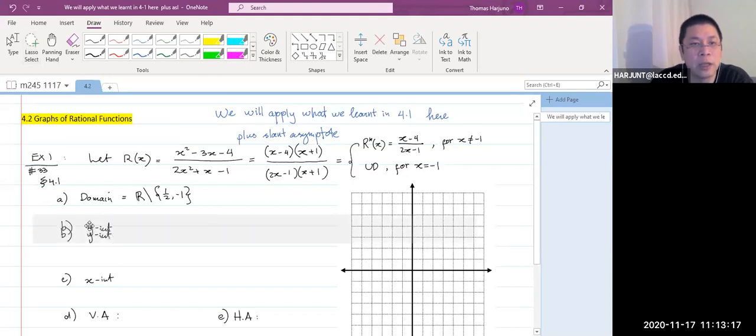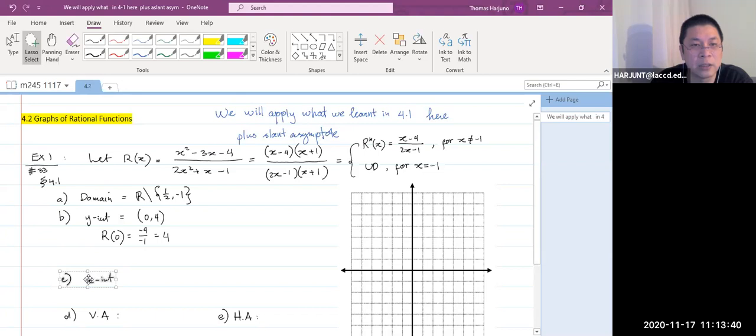The y-intercept is R of 0, which equals -4 over -1, that's 4. So the y-intercept is (0, 4).